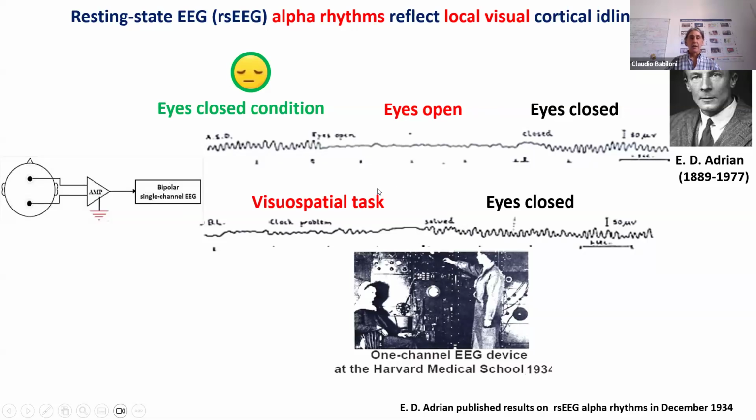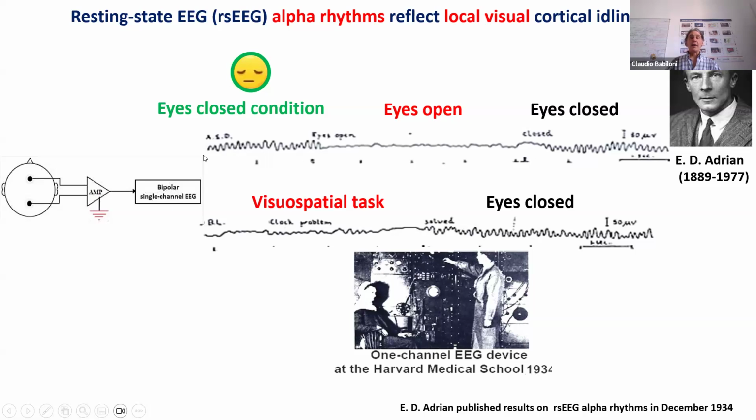So a typical visuospatial task. During the eyes closed condition, you see that there were ample oscillations at about 10 Hz. On the right side of the picture, the time scale is 1 second in this segment, and the amplitude is in microvolts.